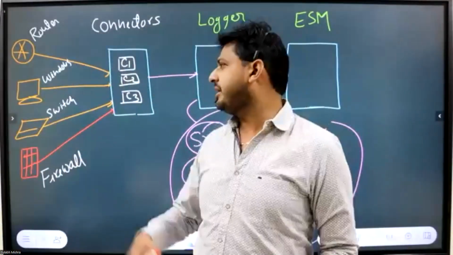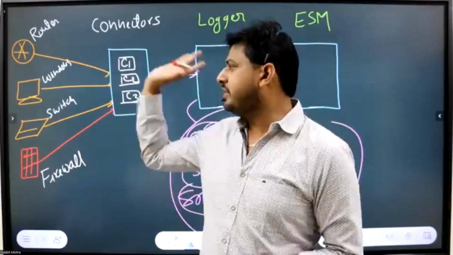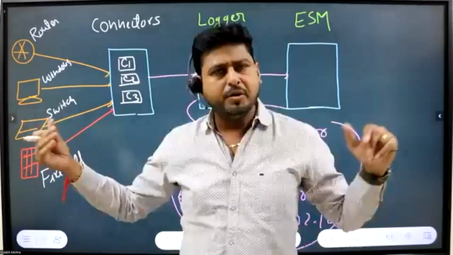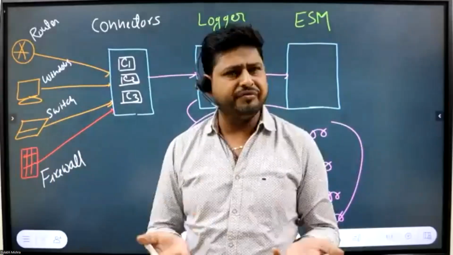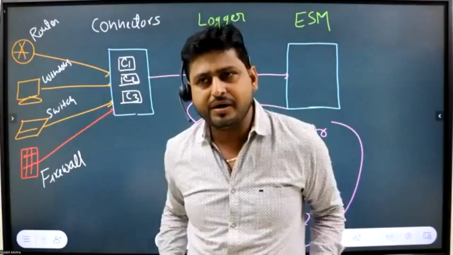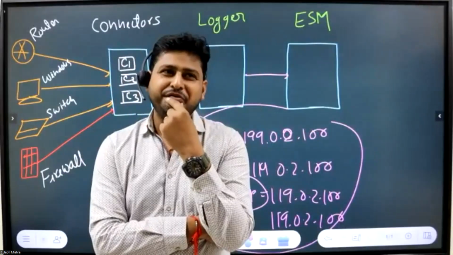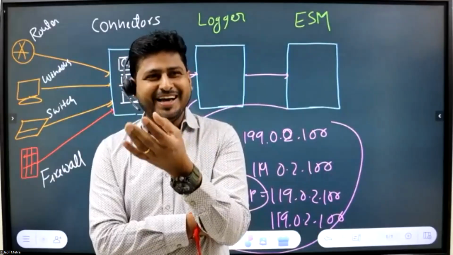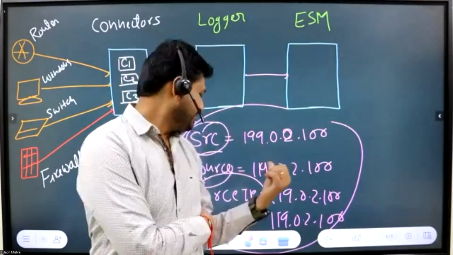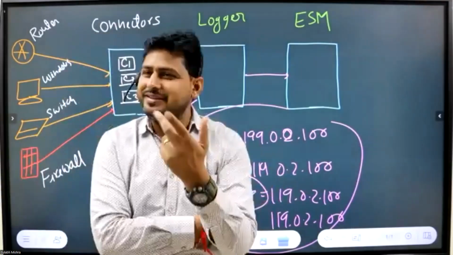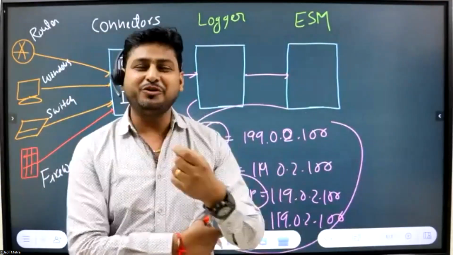Just for example, you have different other devices as well, but if every device gives a different field name, it is difficult to remember. For example, you want to search firewall logs, but you are not sure whether the firewall gives the name source IP, source address, or source, or some other name. And it is not only source.